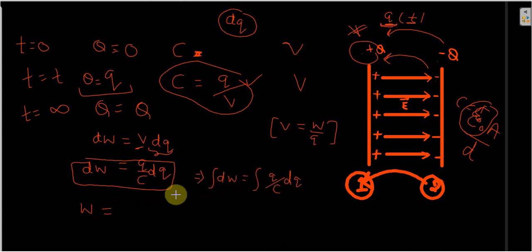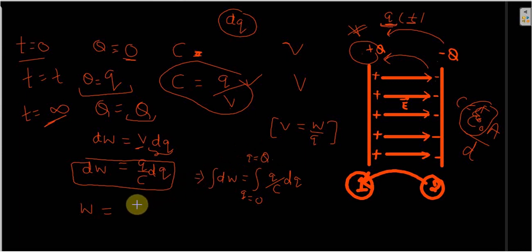Now integration of dW is W, and what are the limits? Initially what is the charge? It was 0. When time is 0, charge is 0. And what is the final condition? When time is infinity, the capacitor is fully charged with positive charge Q. So we will take Q equal to capital Q. So our limit will be 0 to Q.